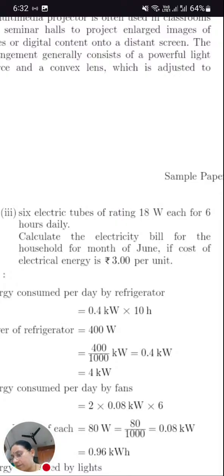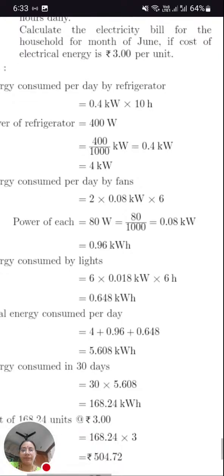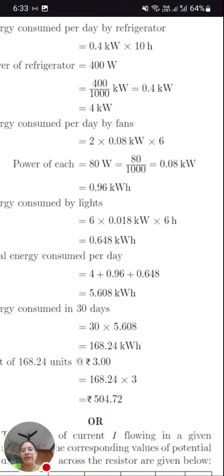Then I'll give the final answer. आंसर बताओ क्या हुआ. 504.72 आ रहा है. आया आंसर? चेक करो आंसर के साथ आ रहा है या नहीं.